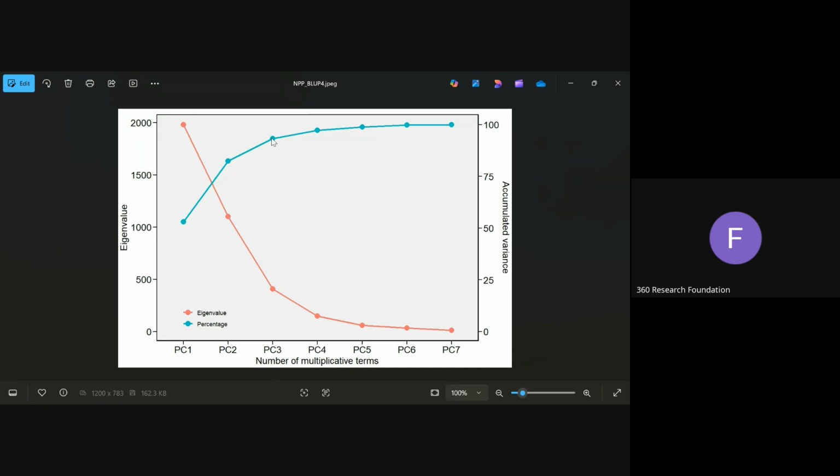From this we can interpret that the first 3 principal components are enough to understand the G into E interaction for our data set across the environments. That is the meaning of this graph. Below you can see the 7 PCs, with eigenvalue on the left and accumulated variance on the right, not the individual variance explained by each principal component.